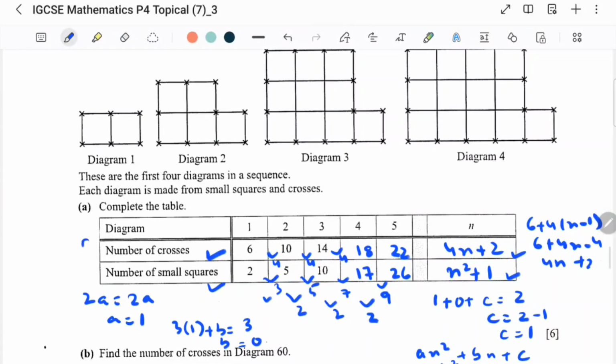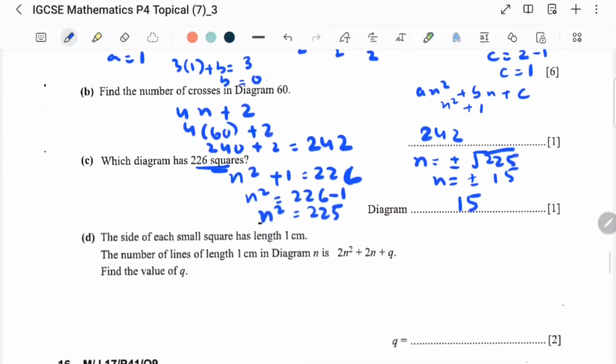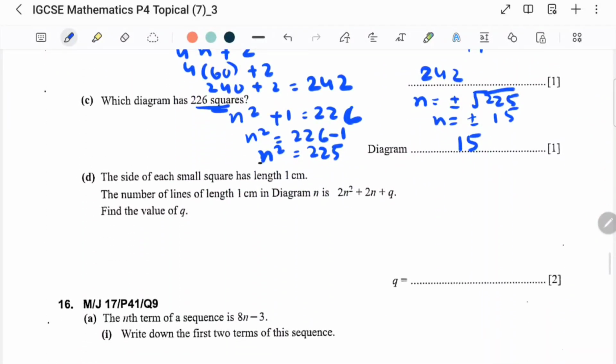The number of lines is not mentioned here, so we'll have to go to the diagram: 1, 2, 3, 4, 5, 6, 7. If I'm taking n equal to 1, the lines are 7. If I take n equal to 2, then I check how many lines it is.